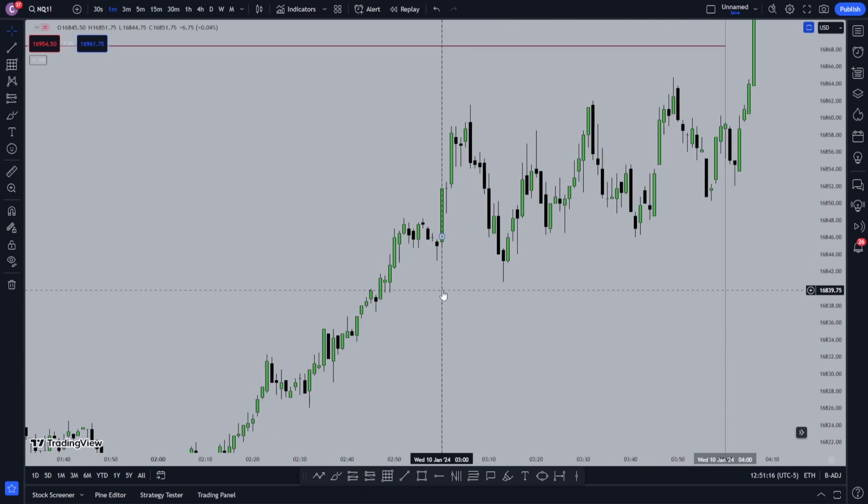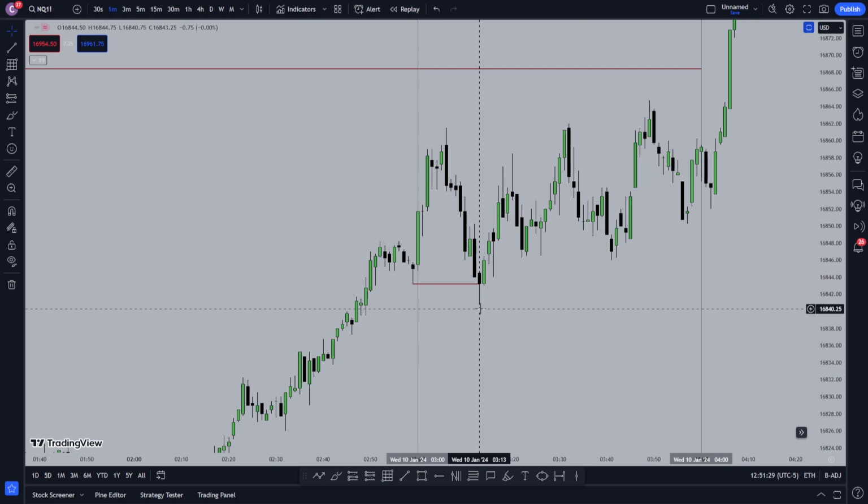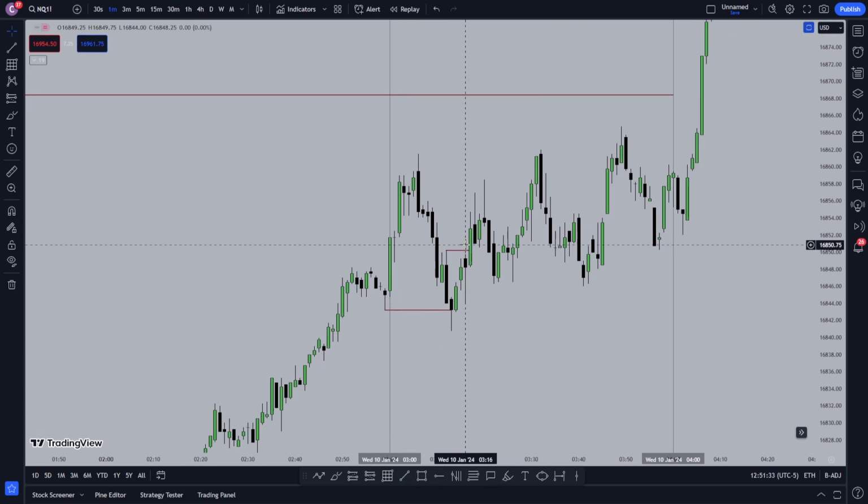So here, 3 o'clock starts, price tries to break up, and then what do we see? Price comes for this low over here, this area of sell side, and then what do we see? Price comes up to break structure. What else do we see? We see this fair value gap right here.